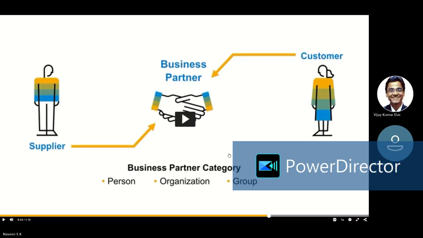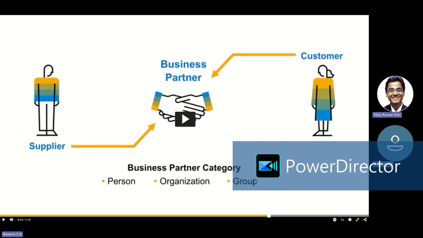Employees can also be made into a group. If I am creating only one person, I select person. If I am going for more than one, then I can go for group to create the BP.